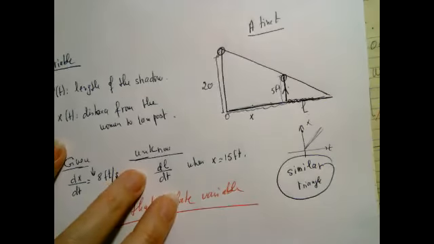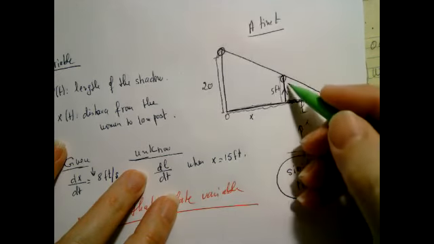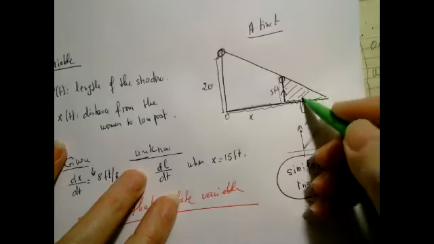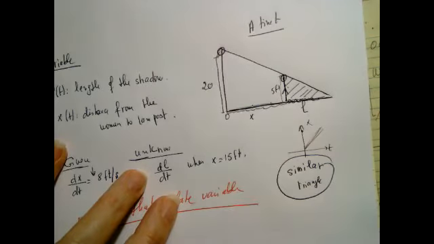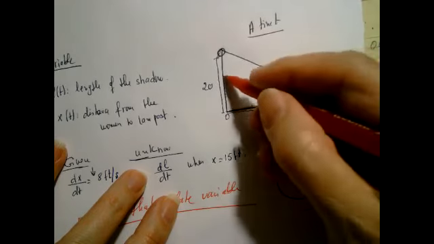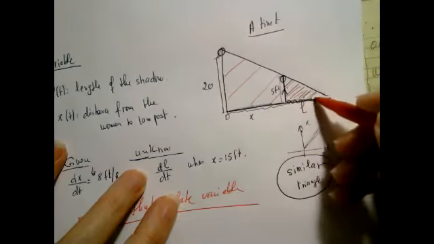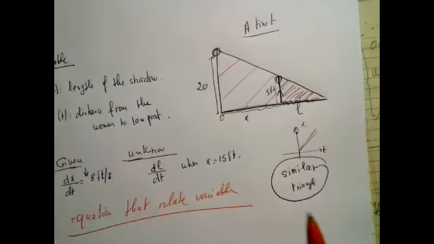Because it's the first time we do this, I will tell you which triangles are similar. This little triangle here is similar to this big one, the red one. We're going to use the fact that those two triangles are similar to find an equation that relates X and L.